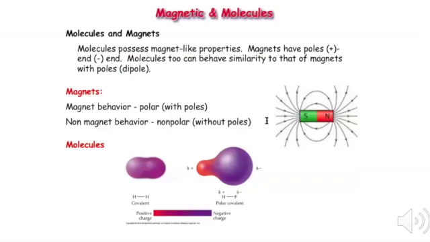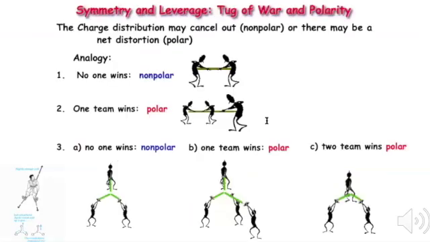Again, an illustration here. Think of it as a tug-of-war game. When you have 2 atoms tugging on electrons and one is stronger than the other, then the electron is going to be drawn towards that side, and we say there's a winner in that tug-of-war game. It's a polar situation.